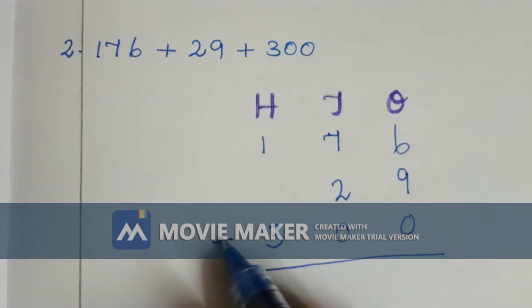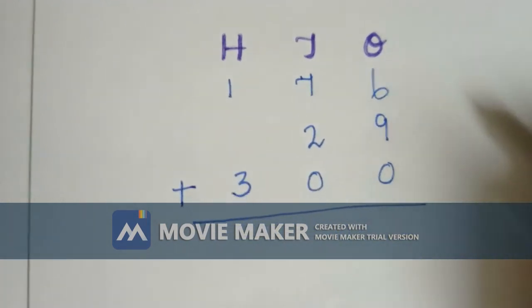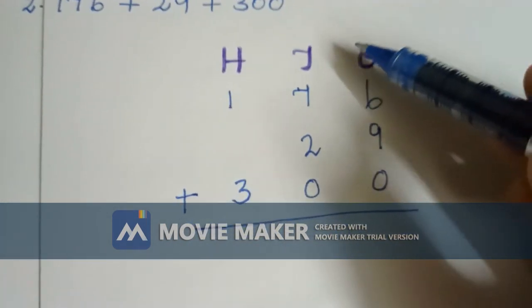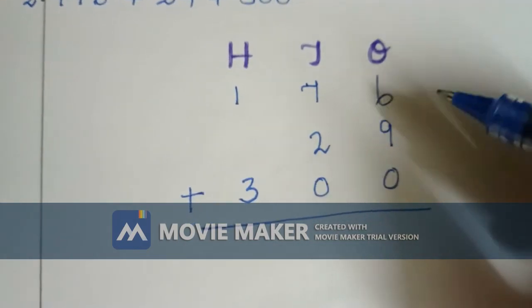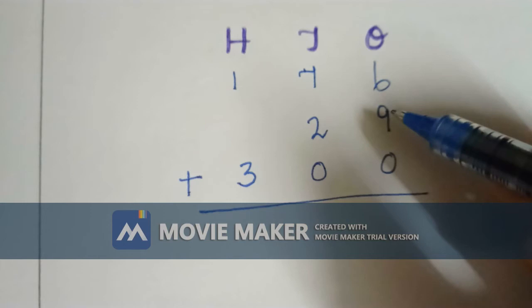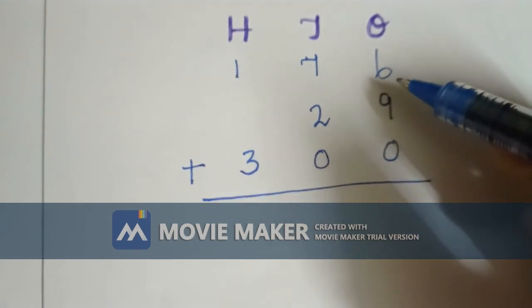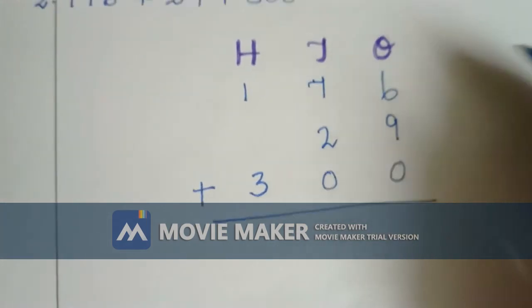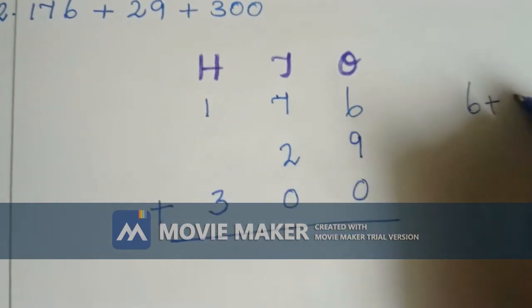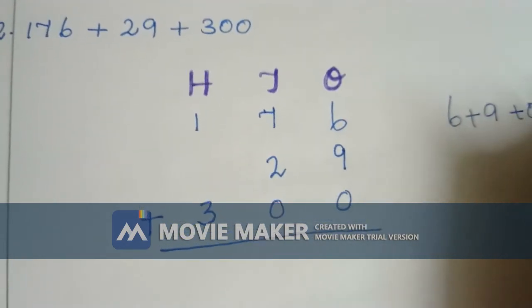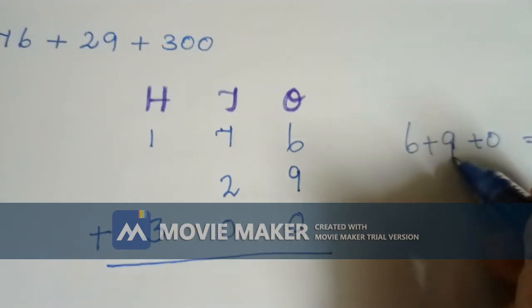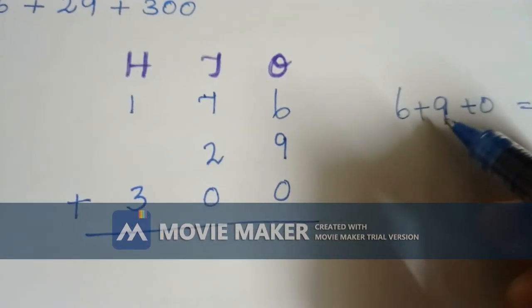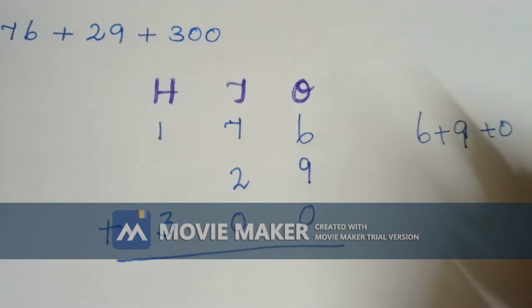Now the next step is to add these three numbers. The addition symbol is plus. Now add the digits in the ones place. Keep the bigger number in mind. That means 6 plus 9 plus 0. Here the bigger number is 9 and the smaller number is 6.